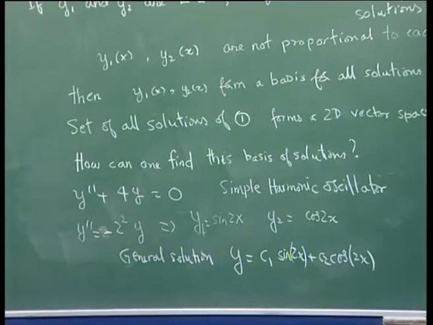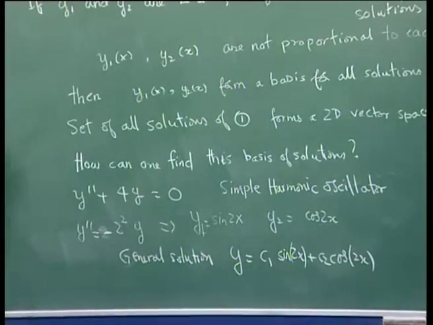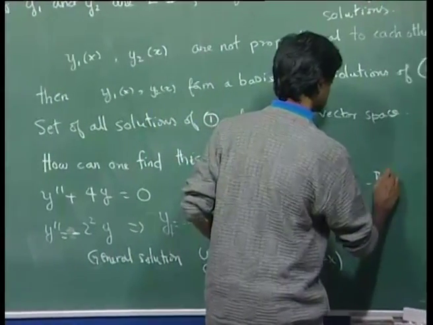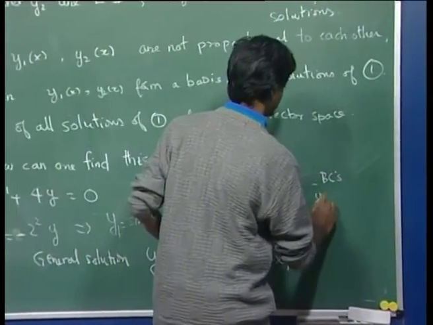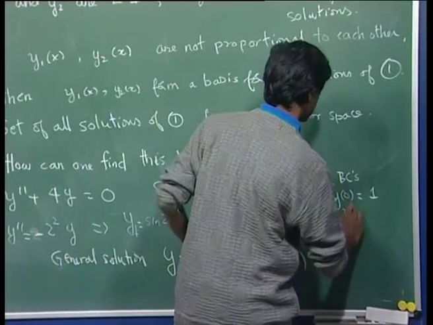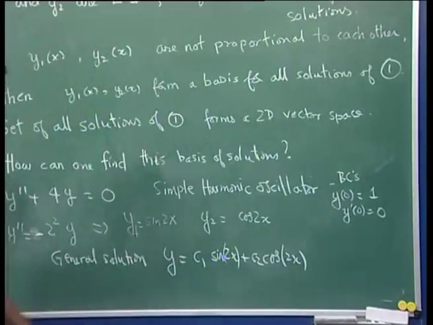So, the general solution to this differential equation can be written in this form. And depending on the boundary conditions, you can solve for C1 and C2. Suppose I say the boundary conditions are y of 0 equal to 1, y prime of 0 equal to 0. These are my two boundary conditions.